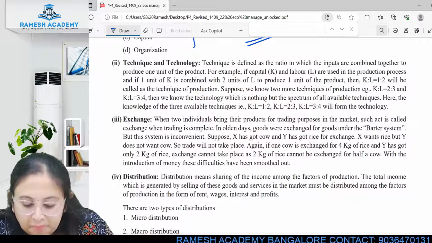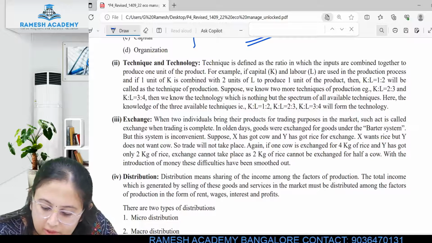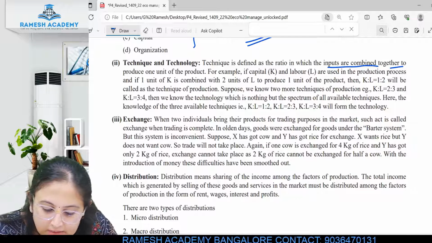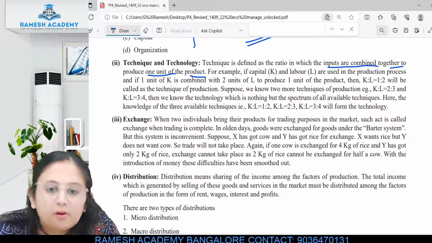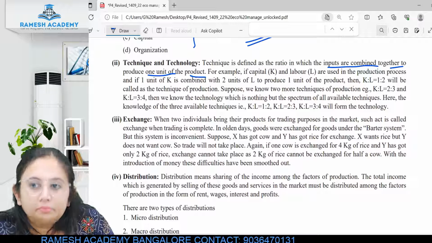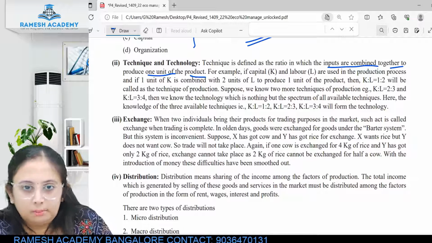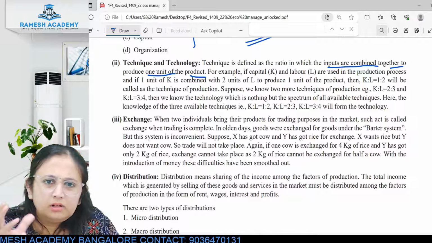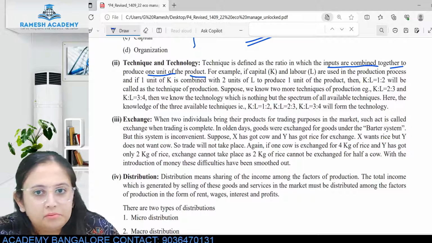So what is this? Technique is defined as the ratio in which inputs are combined together to produce one unit of a product. See, for example, I want to produce some spare parts of a car.